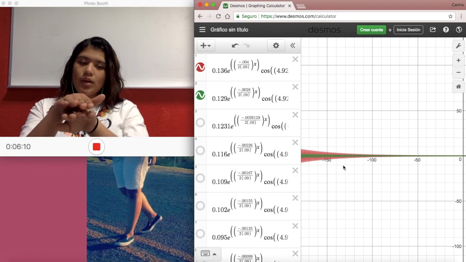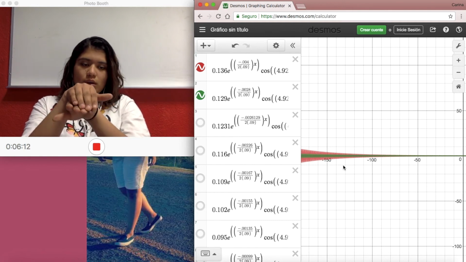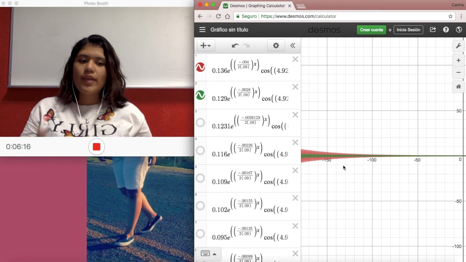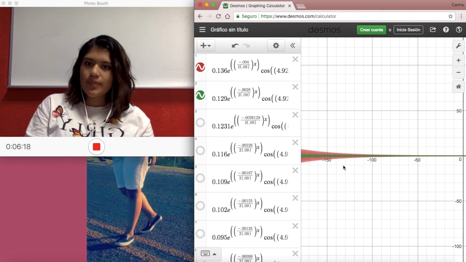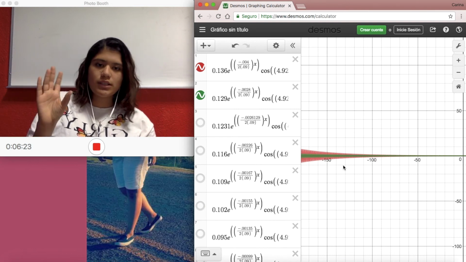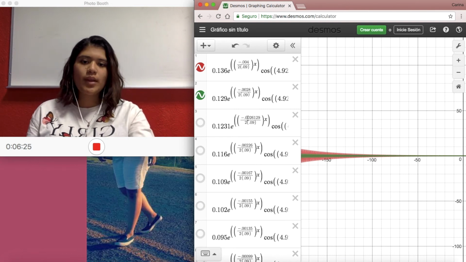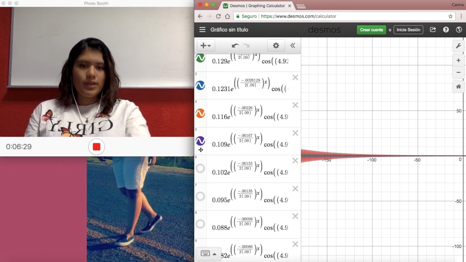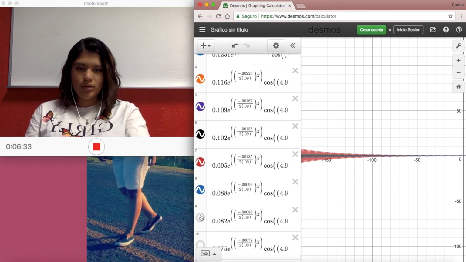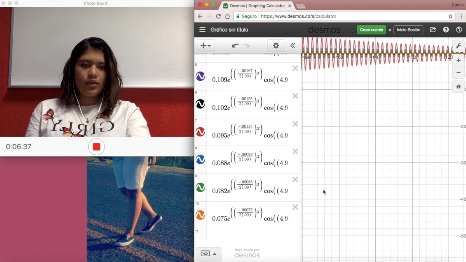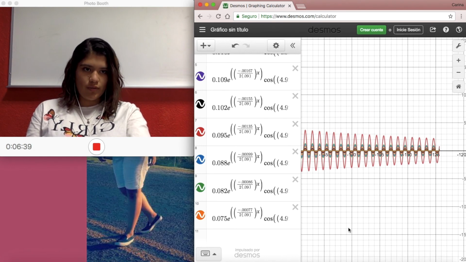Both of them go closer to the x-axis, which means that every pendulum at a certain moment is going to reach zero amplitude, and this happens with all of the other pendulums, just to show you what the oscillatory movement of it will be like.